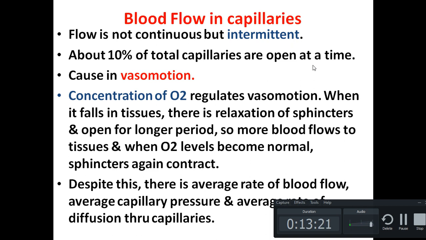So these 10% capillaries will close, another set of capillaries will open, and then after a few seconds those capillaries will be closed and other sets of capillaries will be open. This process is called vasomotion, and it is regulated by the concentration of oxygen in the tissues.